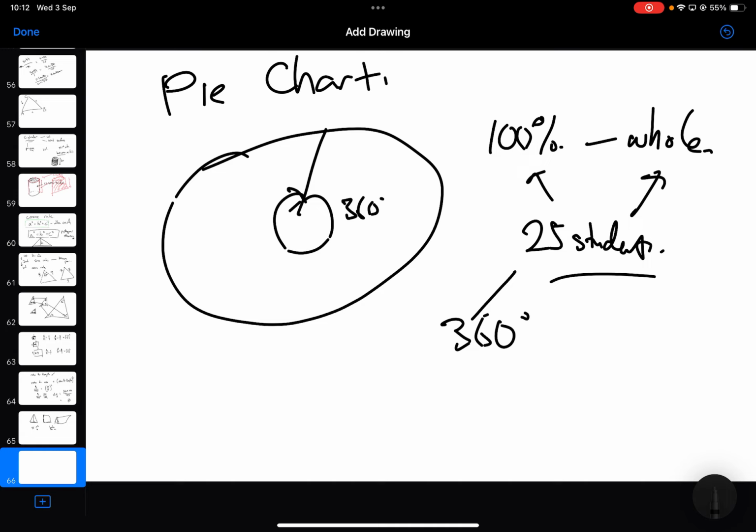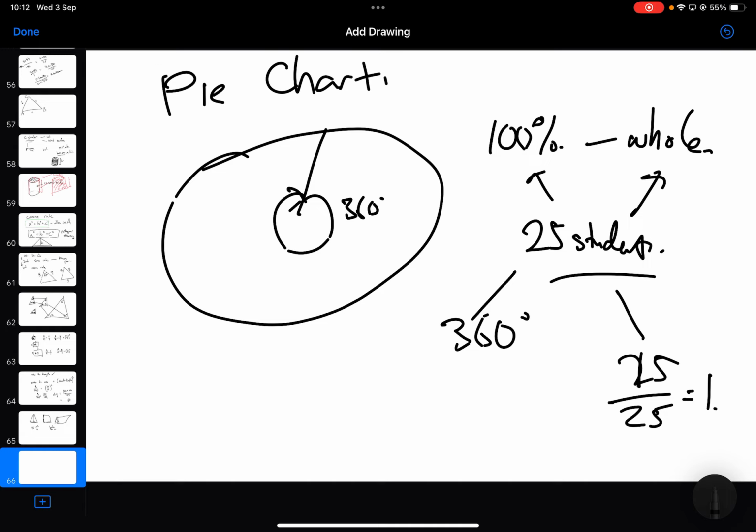Okay? Fractions. If we are to talk about fractions, this 25 students is one whole, or 25 out of 25 equals to 1. So all these 100%, whole, 360 degrees, 1, it is all based around the idea of whole.